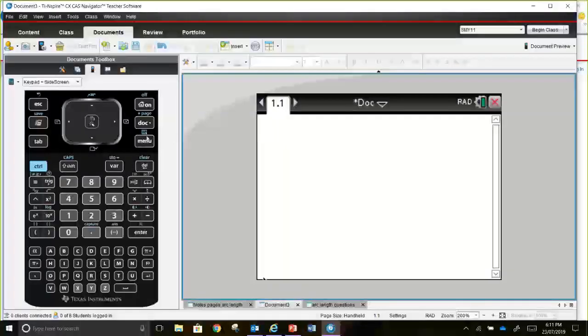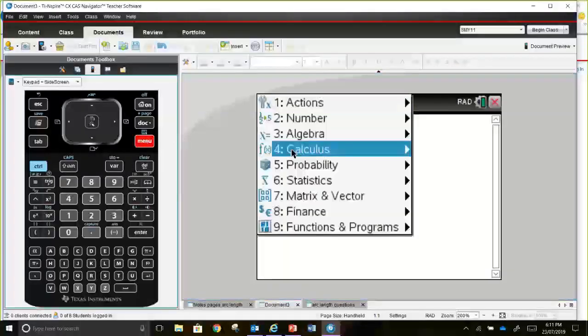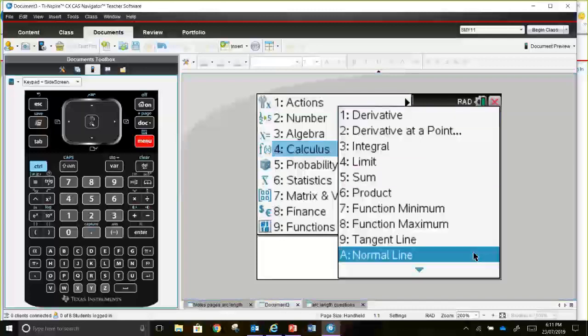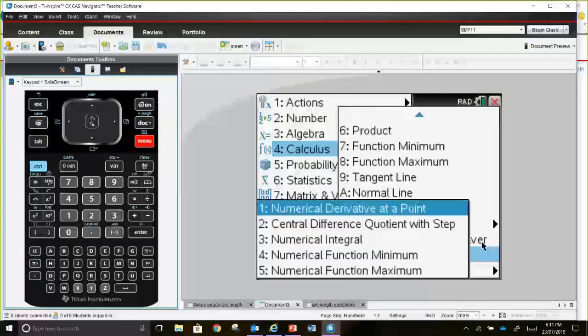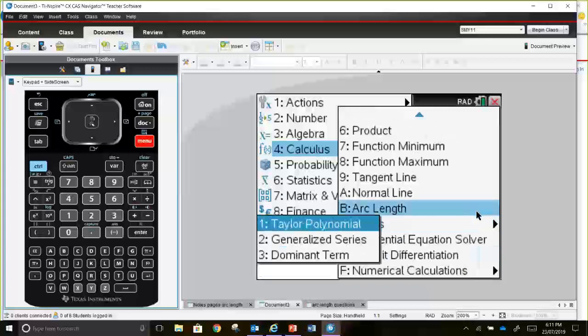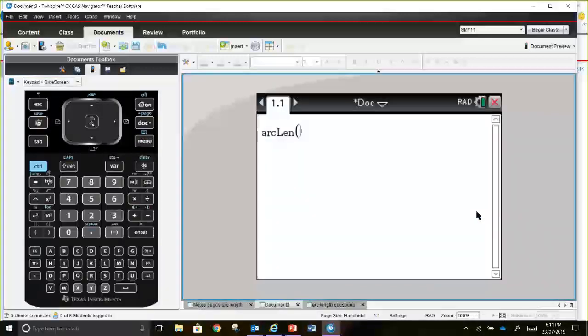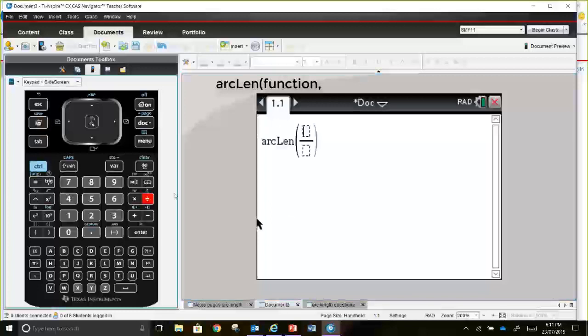There is the inbuilt feature in calculus, and if we scroll down, we have the arc length. The syntax for the arc length is we just enter the right-hand side of our equation, which is 2/3 of x to the power 3 on 2.